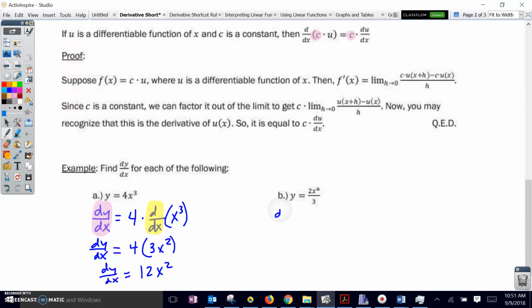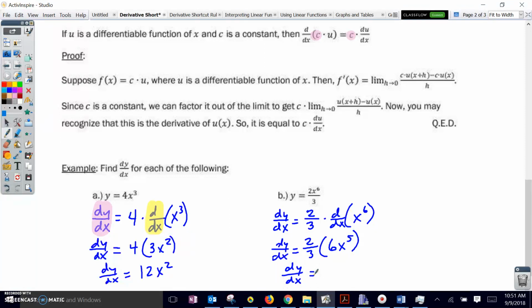Since these are constants, the derivative of this is going to be equal to 2/3 times the derivative of x to the sixth. So this is going to be 2/3 times 6x to the fifth. And then I'll multiply that out, and that gives me 4x to the fifth. That's the derivative of 2x to the sixth over 3.